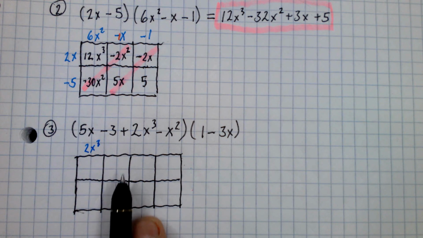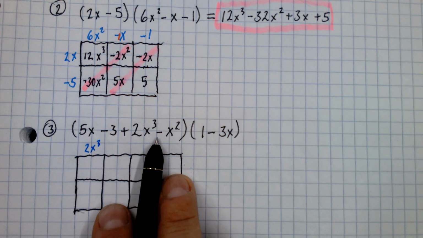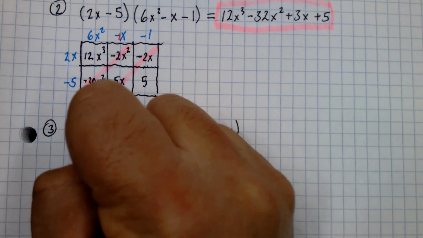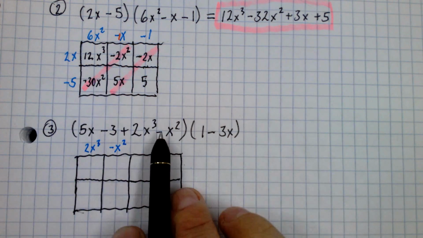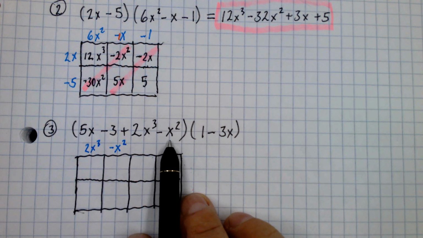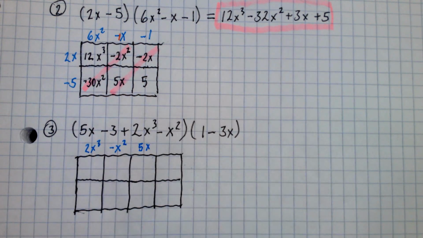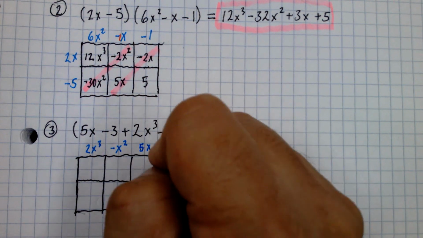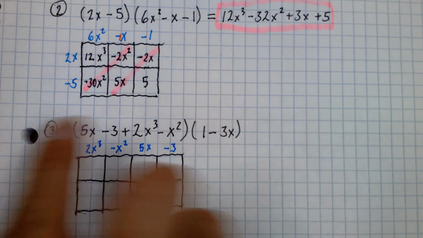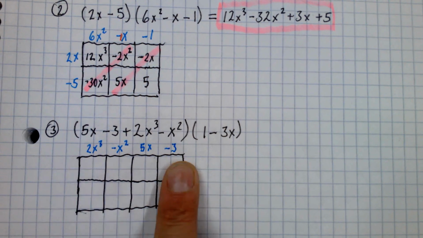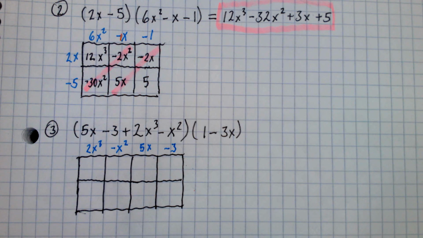Next, we want to see if we have something squared, and we do. Negative x squared, that goes next. Then what comes after x squared? 5x. And then our constant term, the minus 3, goes last. Even if it's scrambled up, rewrite it in standard form here, okay?